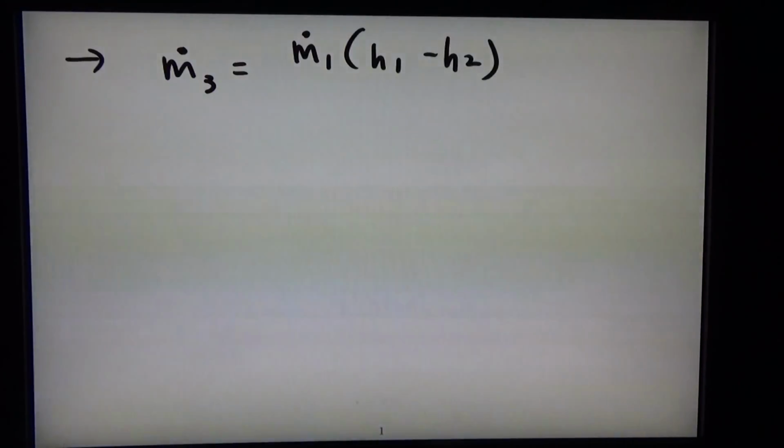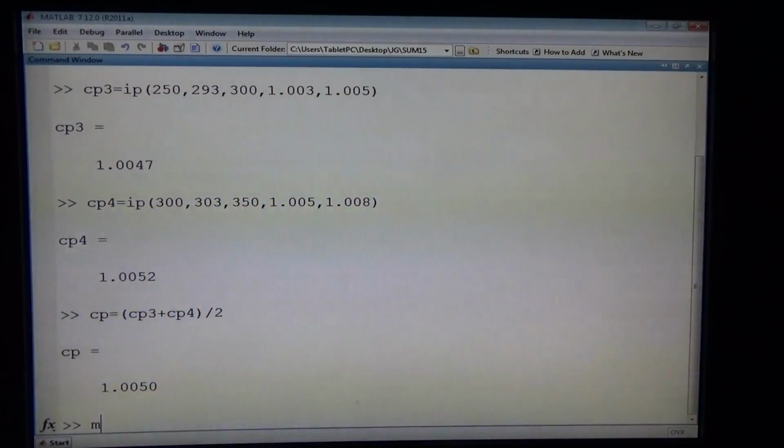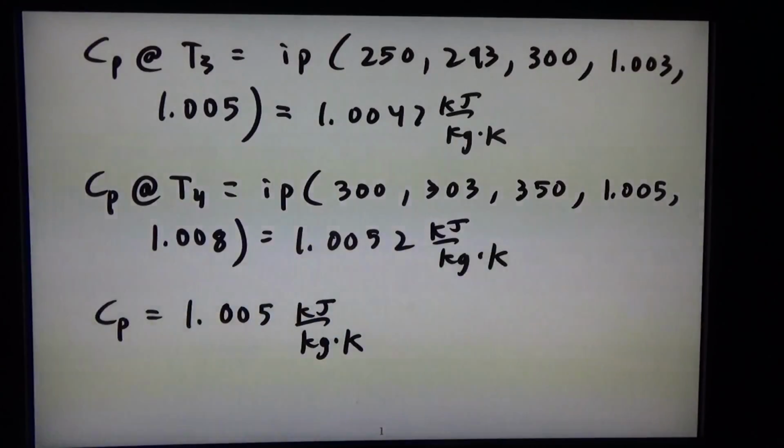The mass flow rate of the air is going to be mass flow rate of the water times its negative delta H divided by C sub P times T4 minus T3. Alright, so let's plug this in, get the mass flow rate of the air. So we have m dot 1 times H1. I don't have that in here, so I'm going to get H1.